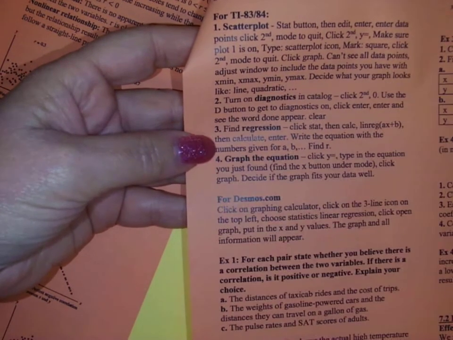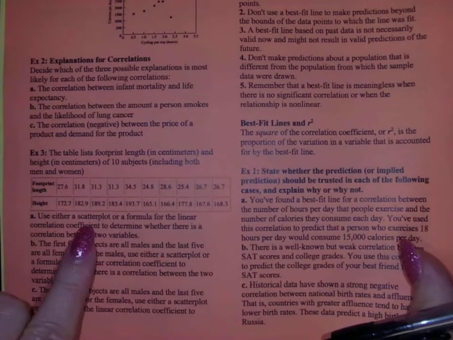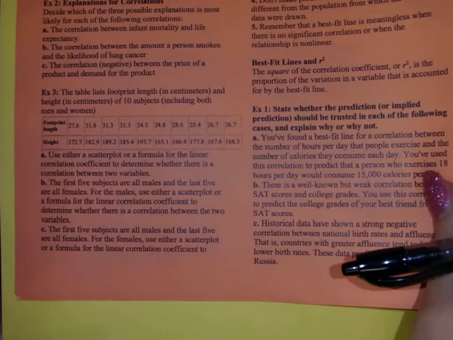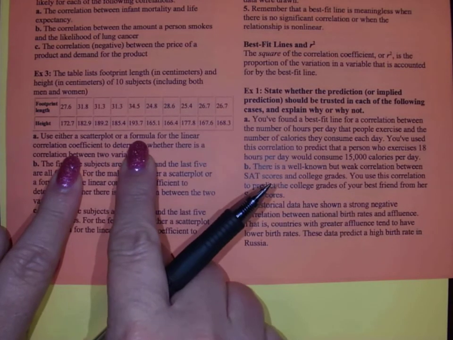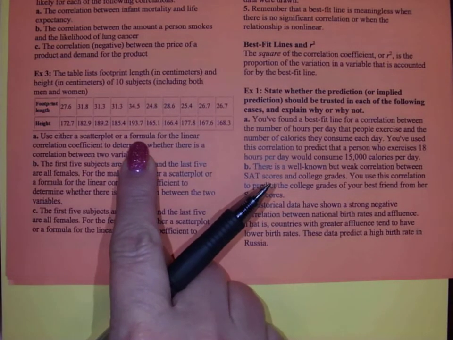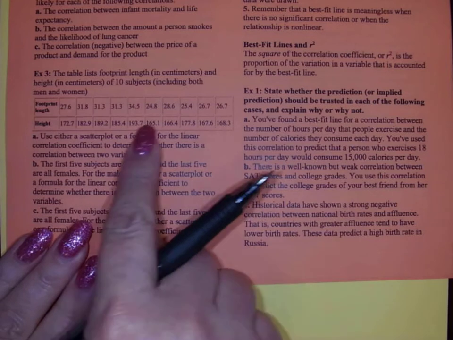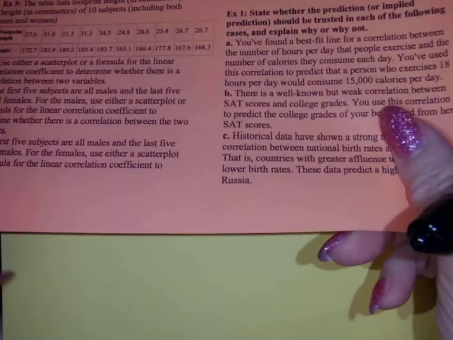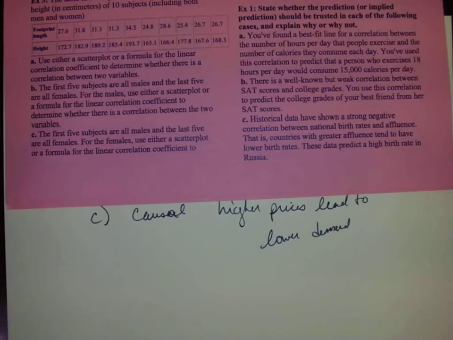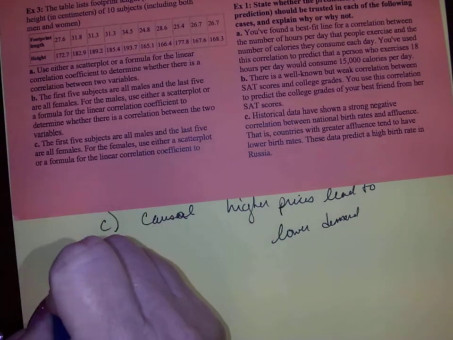So you would go back and do all those steps to find the R factor. We can go back through and look at all of that, and it would create a scatter plot, and it will give us the R factor. So you could use either one. All right, so this is example 3.